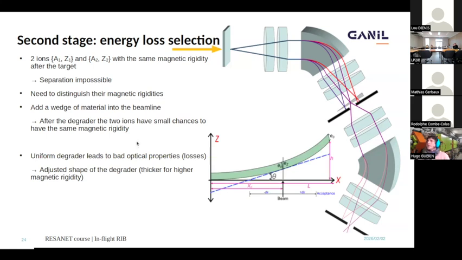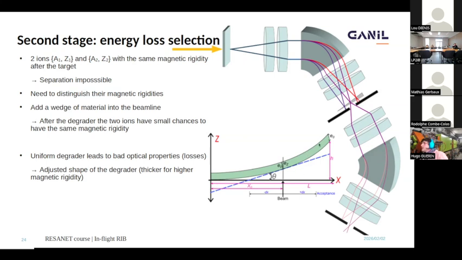But you also have to pay attention to the shape of your degrader, because a uniform degrader would lead to bad optical properties. It will lead to losses, in fact. You will lose some ions. You need to adjust the shape of this degrader, and it has to be thicker for higher magnetic rigidity, which is represented here.